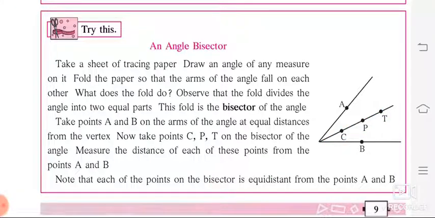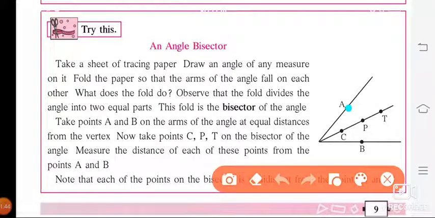Now what we have to do? We have to take a point A and point B on the arms of the angle. So you can see here we are having point A and point B. These 2 points are at an equal distance from the vertex. So this is the vertex. Both of them are at the same distance from the vertex.